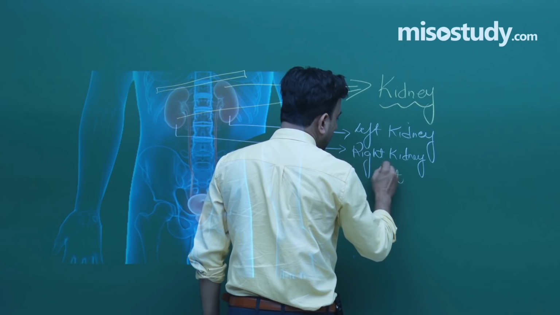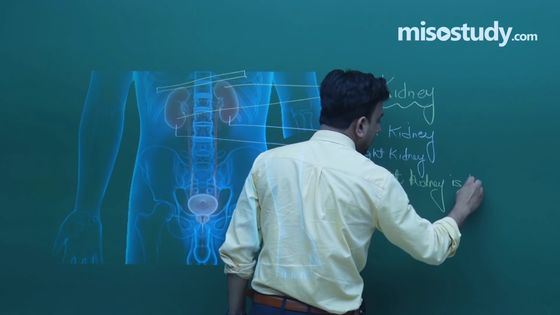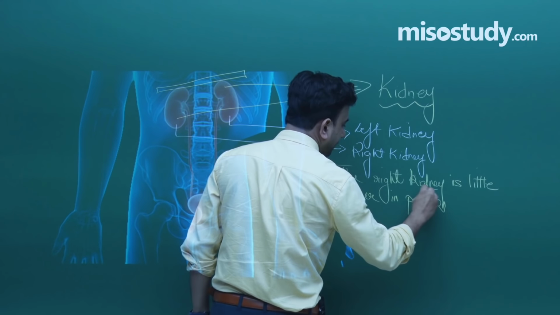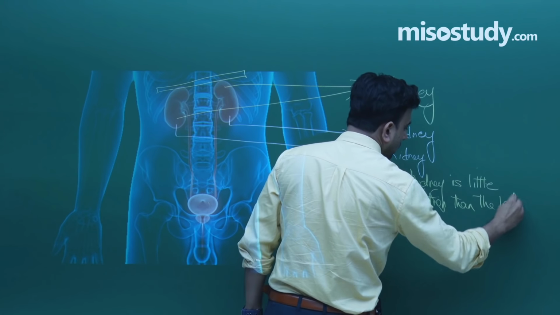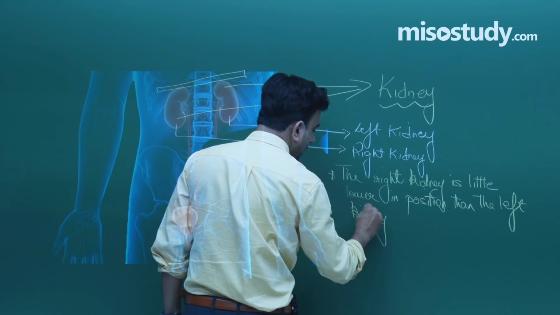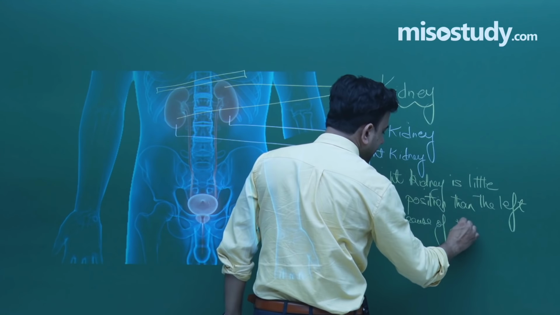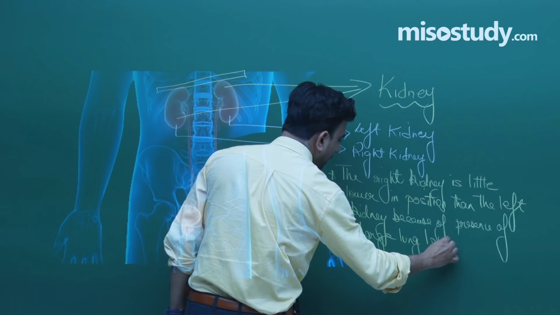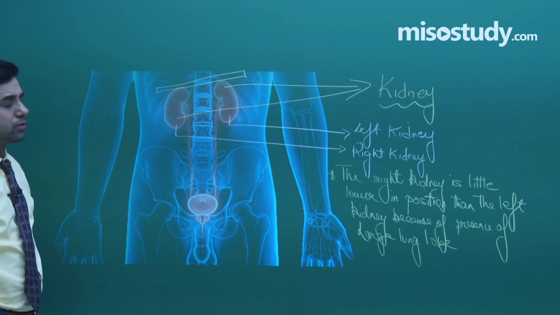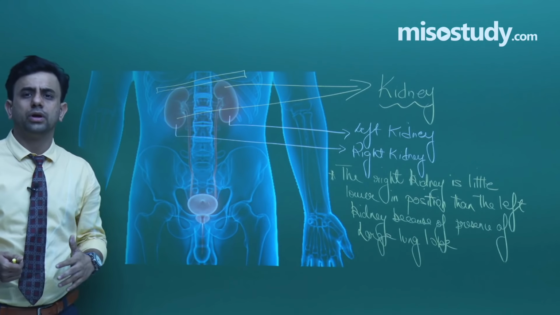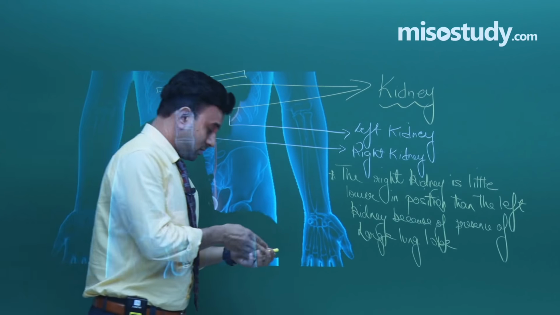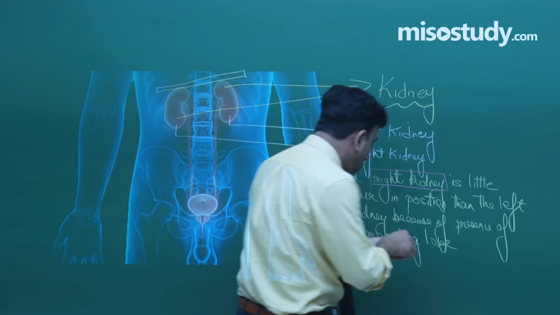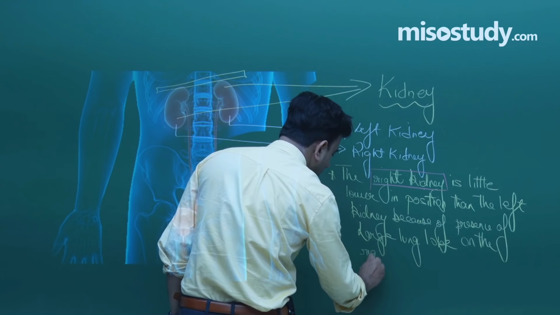The right kidney is a little lower in position than the left kidney because of the presence of a large lung lobe on the right side, and that is why this kidney is slightly low in position, and this is slightly upper in position.